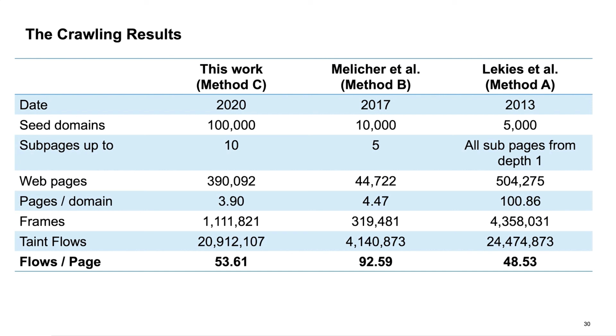A total of about 390,000 pages were visited, and we collected a total of about 21 million flows, which corresponds to about 53.6 flows per page, which is approximately similar to the number in the 25 million flows later paper and half of what the Domesday paper got.